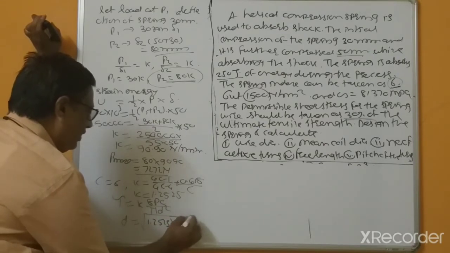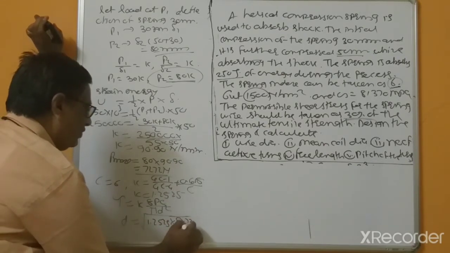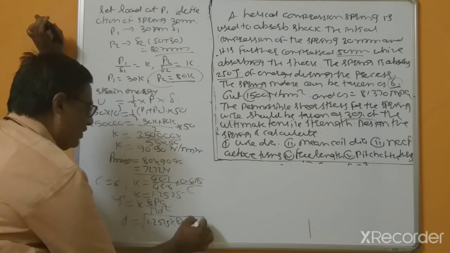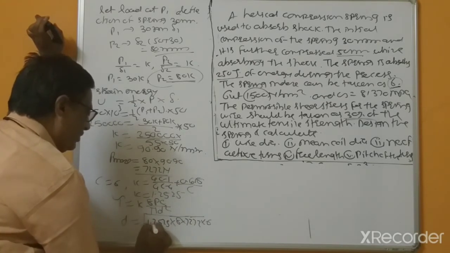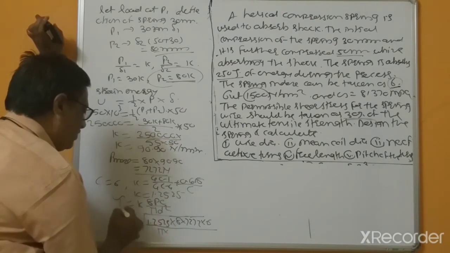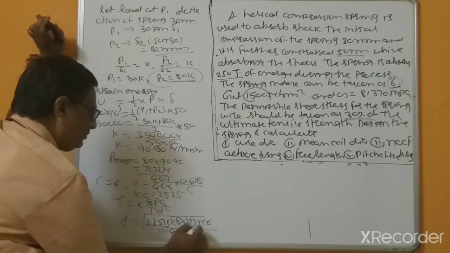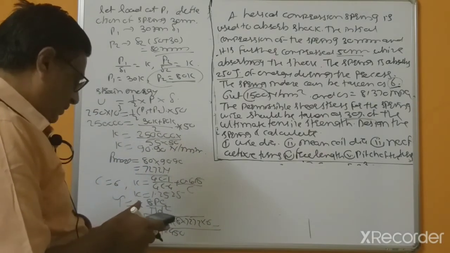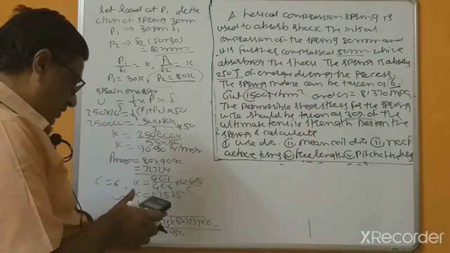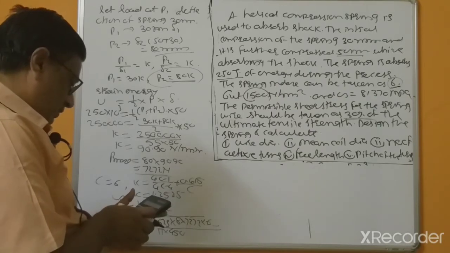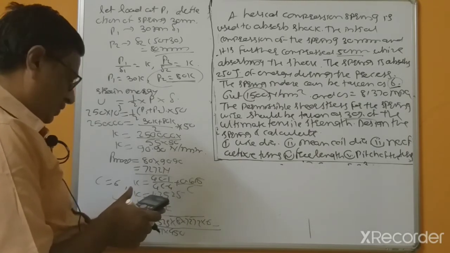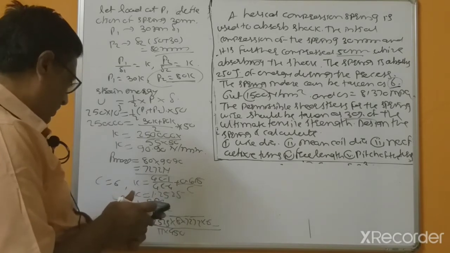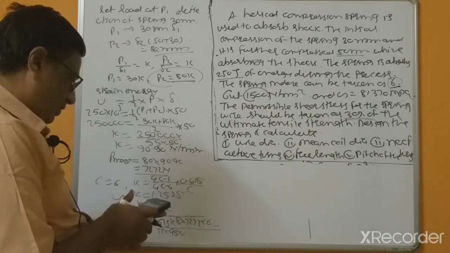So directly, 1.25 into P, P equals 7272, C equal to 6, pi, and tau equal to 450. d equals the square root of 2.5 multiplied by 7272 multiplied by 6 multiplied by 8 divided by pi divided by 450.